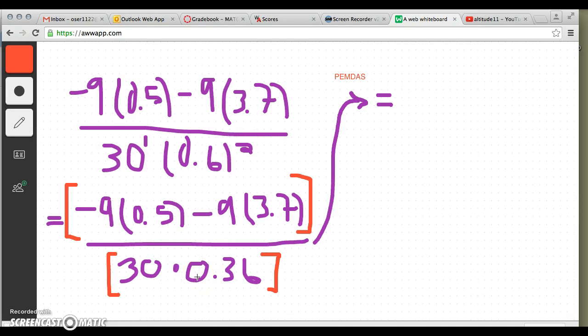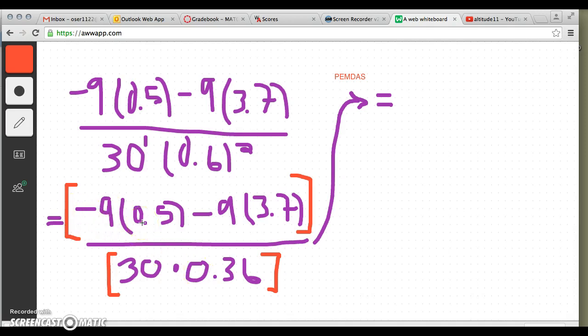So really what we have to do next is we have three multiplication problems to take care of. We have this multiplication problem, this multiplication problem, and this multiplication problem. So let's go ahead and find the values of all of those.